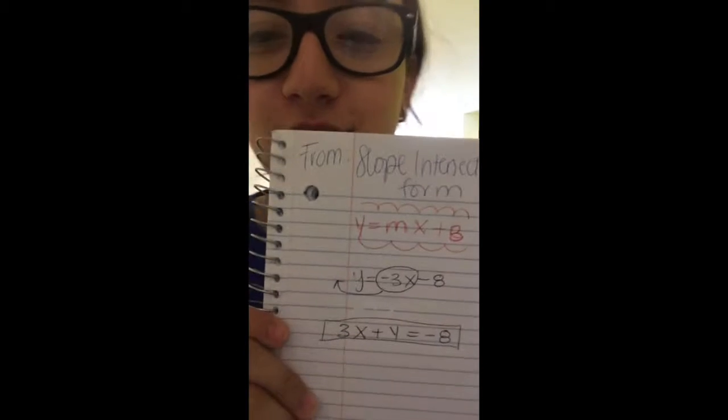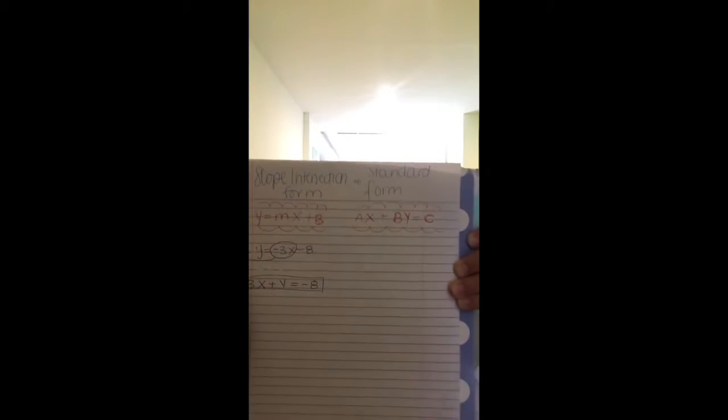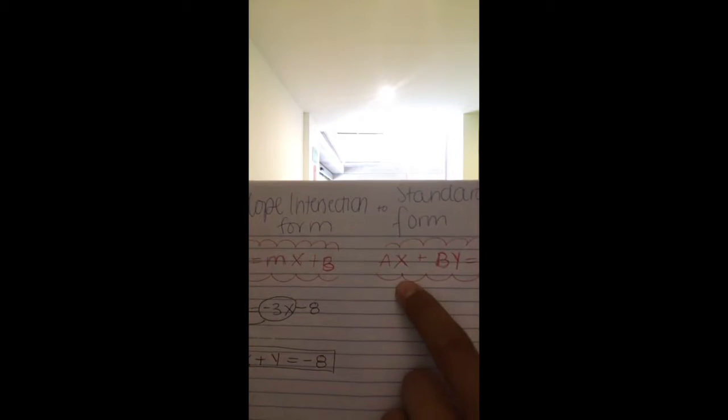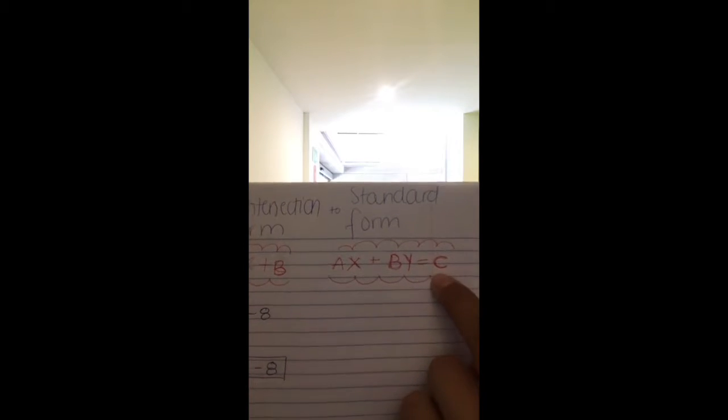We are going to transform the slope intercept form to a standard form. The formula of the slope intercept form is y equal mx plus b. And the standard formula is ax plus by equals c.